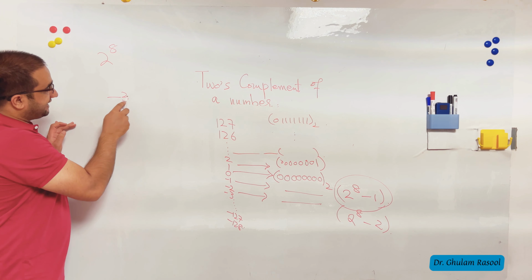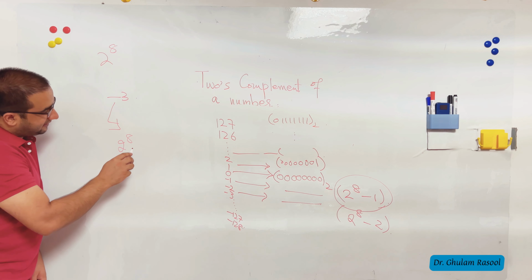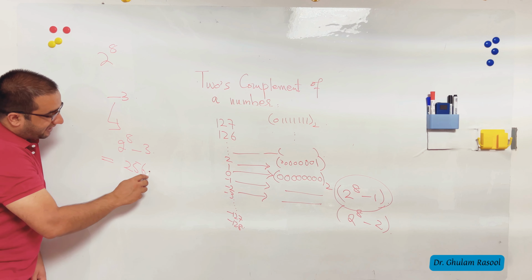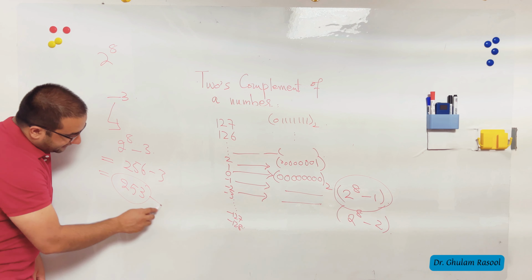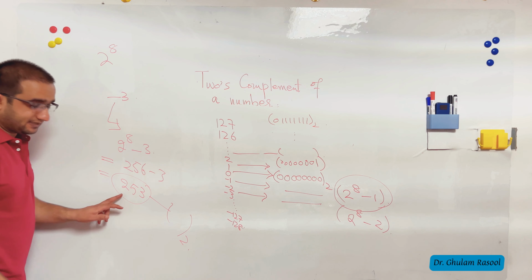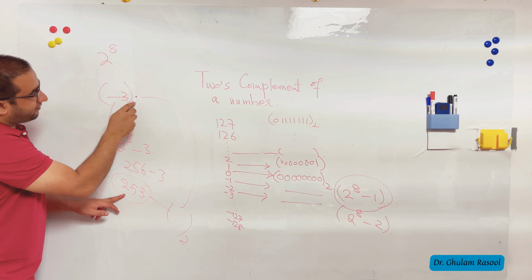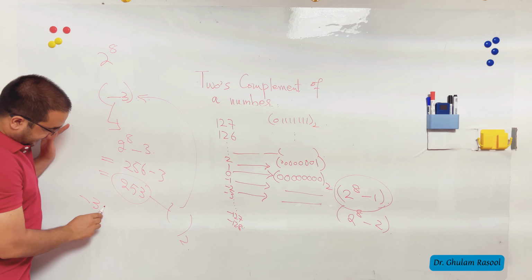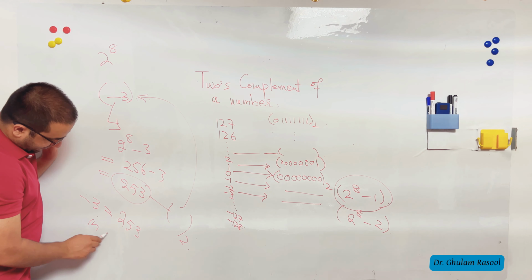If it is minus 3, it simply means 2 raised to the power 8 minus 3. It is 256 minus 3, 253. So the binary number for 253 will be exactly the same as the binary number for minus 3. So minus 3 exactly equals 253 in the binary system.